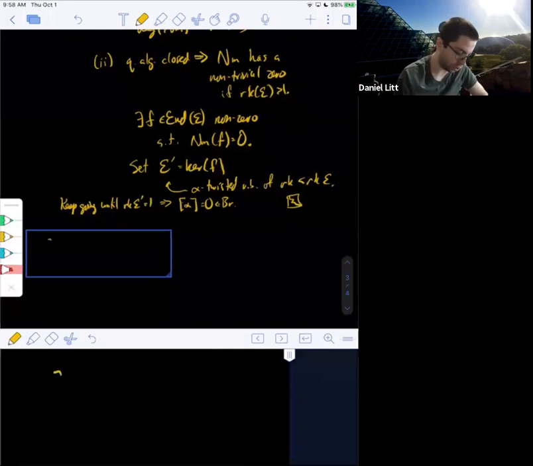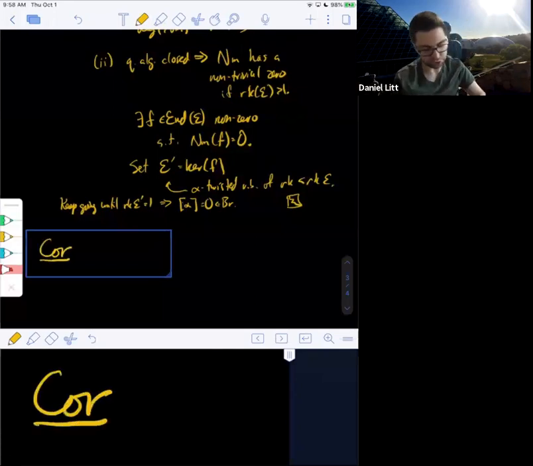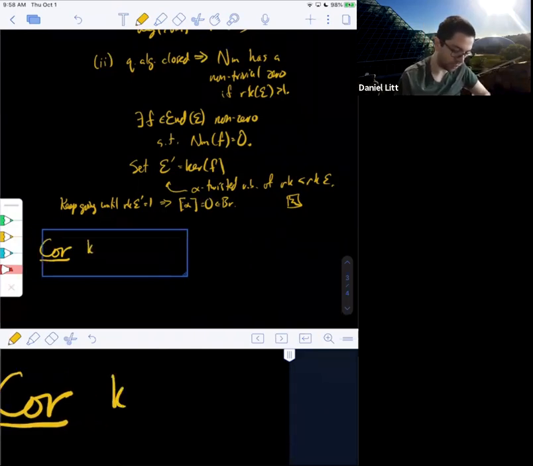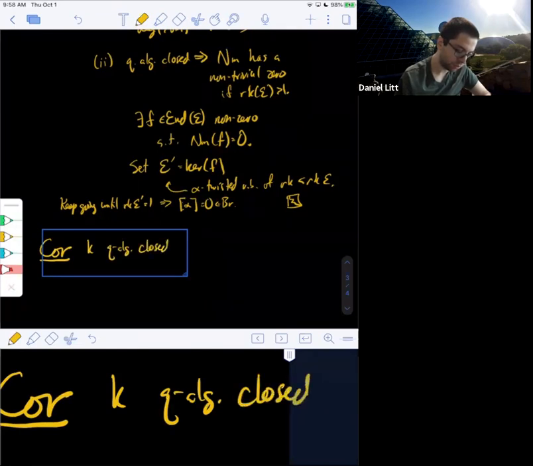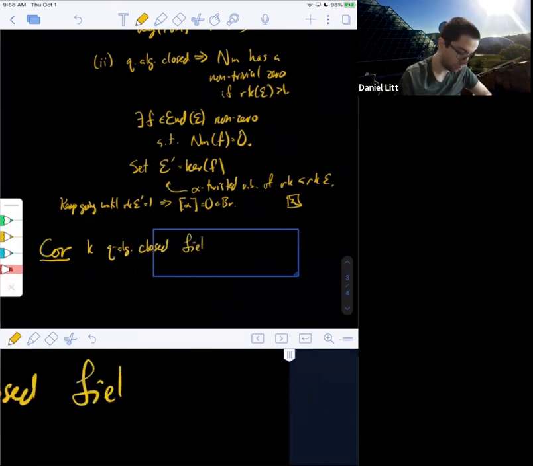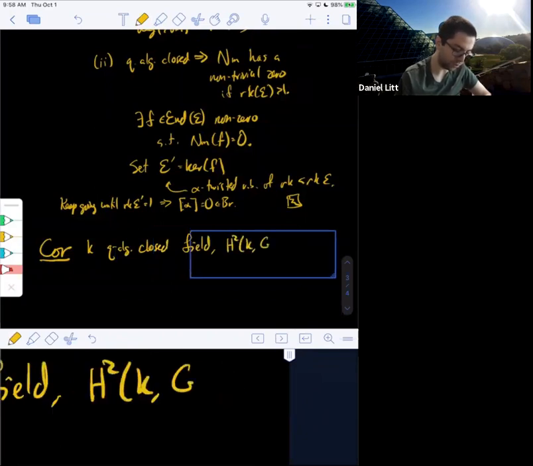Okay, and there's a corollary of this, which is what we're actually going to use, but I'm not going to prove, which is that if K is a quasi-algebraically closed field, then H2 of K with coefficients in G_m is equal to 0.